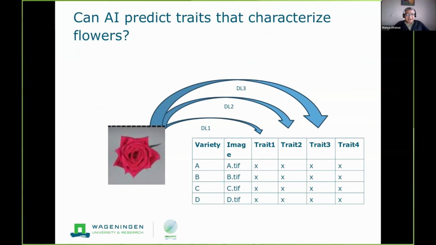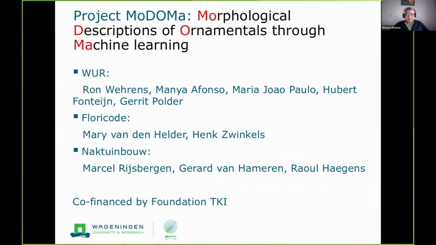So can AI predict traits that uniquely characterize a flower? This was the rationale behind our project Modoma, or the morphological descriptions of ornamentals through machine learning, that we worked on along with the two Dutch agencies, Floricultura and Naktuinbouw, which are responsible for the registration of flower varieties here in the Netherlands.